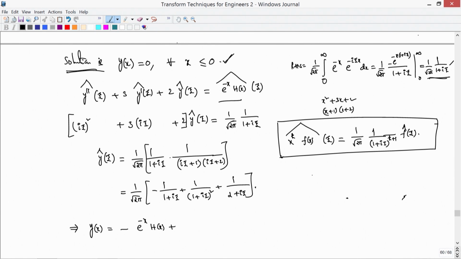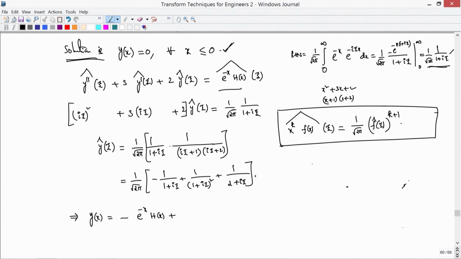No, something else you will get. Not this way. What you get is f cap of xi power k plus 1, that is what you will get.